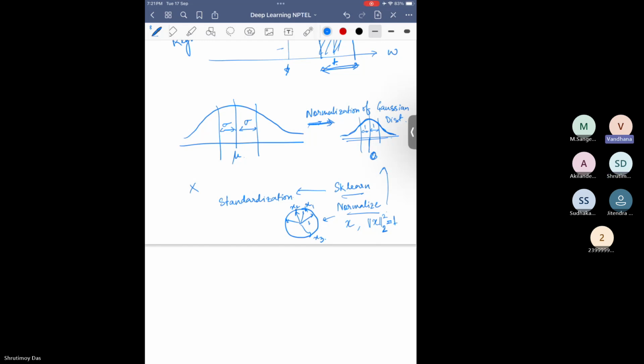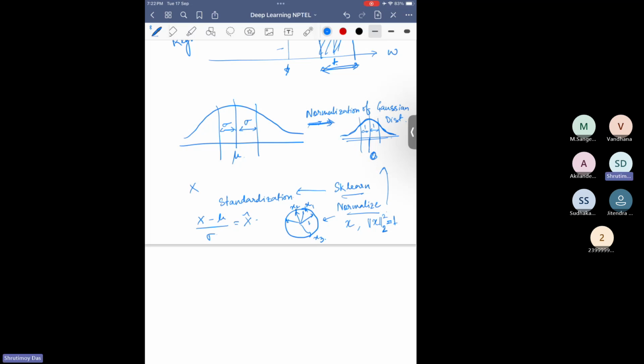So standardization is different. Scalar also has standardization. Standardization is the same as normalization of a Gaussian. So given some x, for each feature it will subtract its mu, and for each feature it will divide by the standard deviation. So after this you will get some x bar.